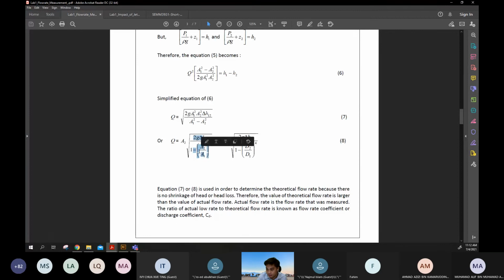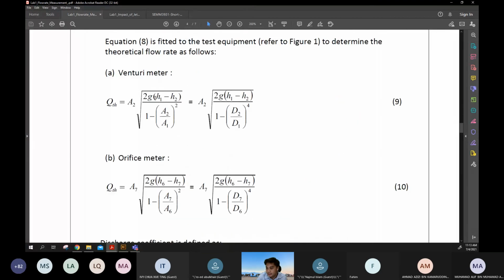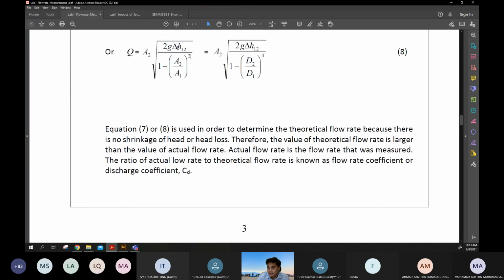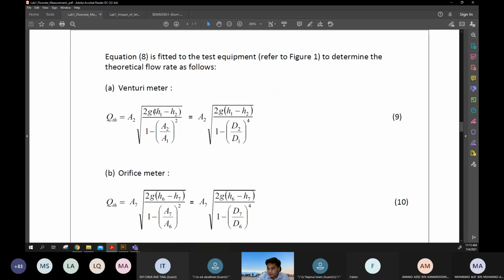This is the general form. The Venturi meter is the first part of the pipe, H1 and H2, so that is why H1 minus H2, delta H1 to 2, is the same thing. All the terms inside this square root should be positive.